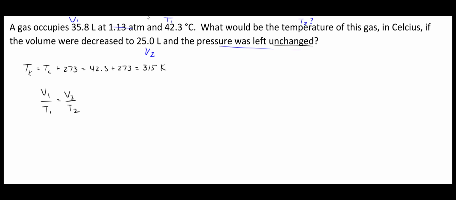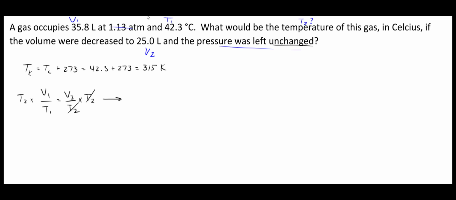It's in the denominator, which means this is going to take a few steps. So first, let's multiply both sides by T2. That gets rid of T2 on the right side and puts it onto the left.